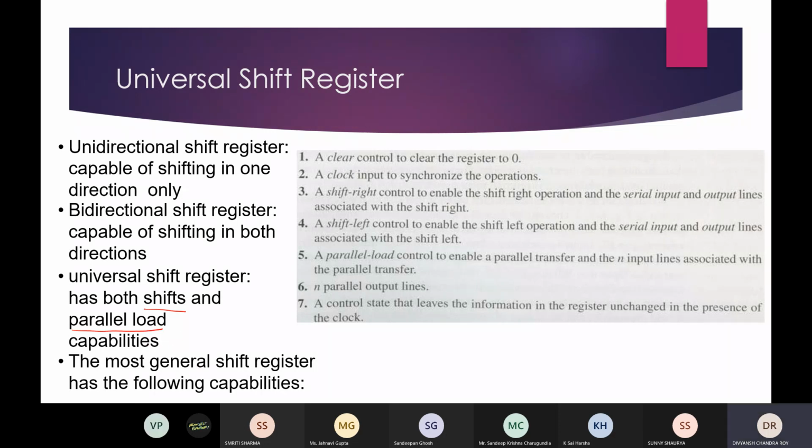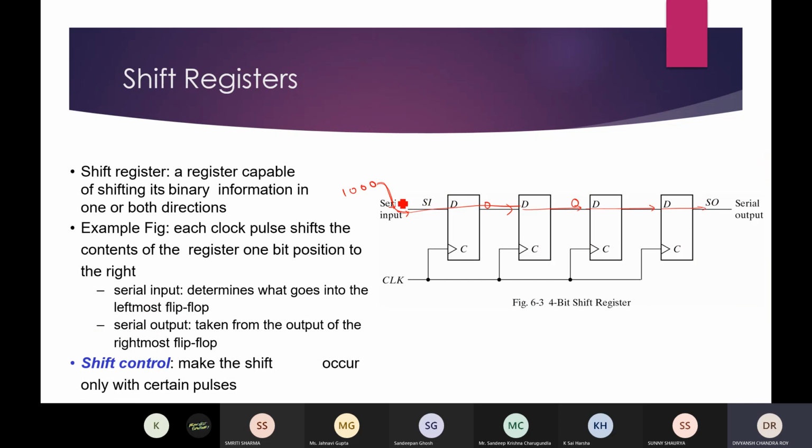The most general shift register has the following capabilities: a clear control to clear the register to 0. Also it will have a clock input to synchronize the operations. Also it will have a shift right control to enable the shift right operation, and the serial input and output lines. If you go to the last slide, for the serial input we have serial output. So a shift register will always take serial input and produce serial outputs.